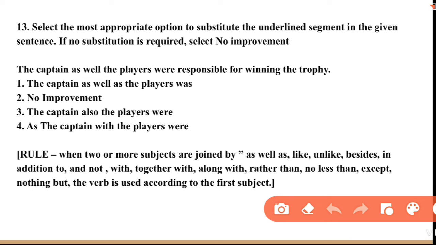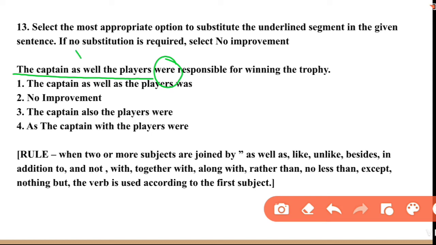Otherwise, if you feel no improvement is needed, then choose no improvement. The captain as well as the players were responsible for winning the trophy. Yes, there is a mistake.